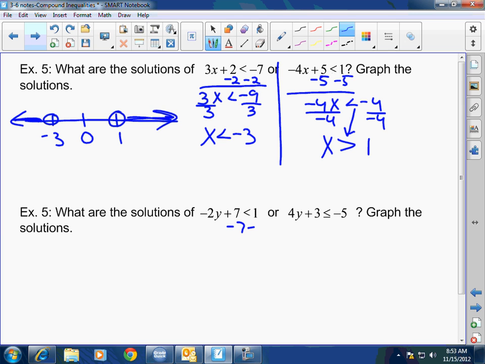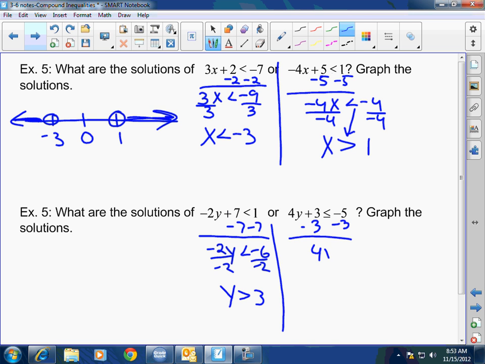I'm going to just fly through it. Hopefully you guys can see what I'm doing. Why did I flip here? Because I divided by a negative. Very good, my brother. Good job. I got to flip here, right? Why not?